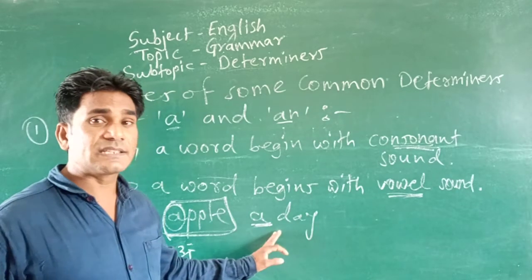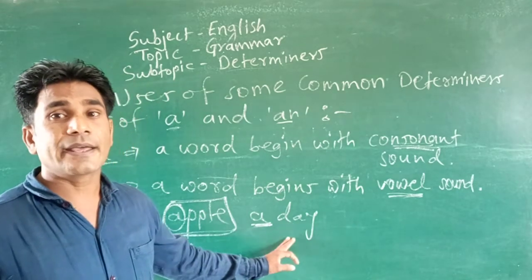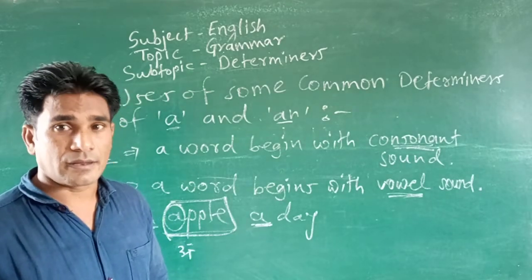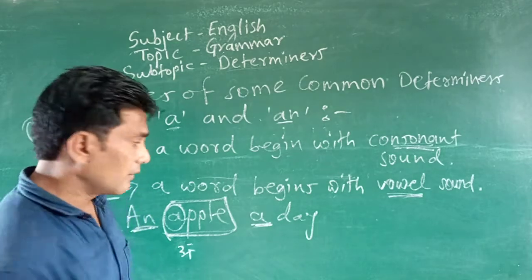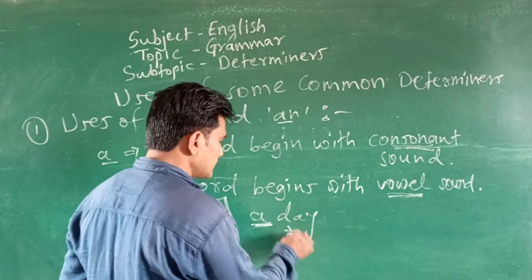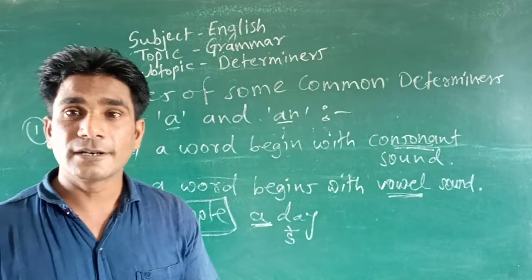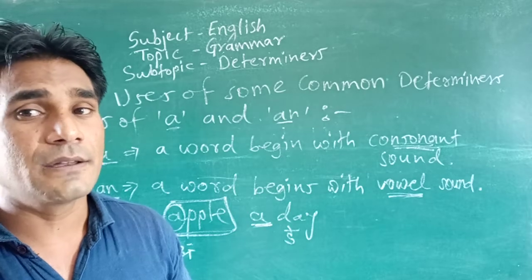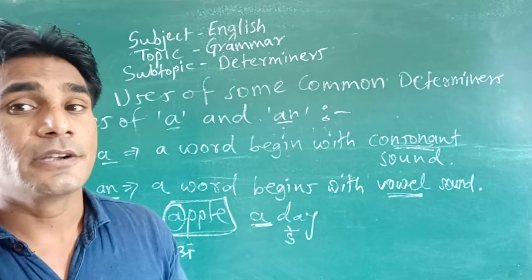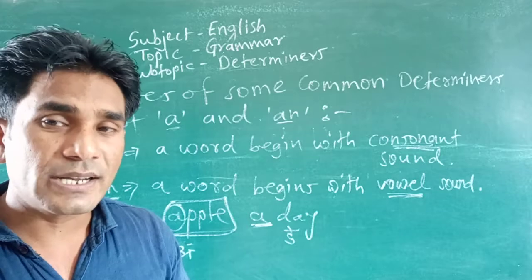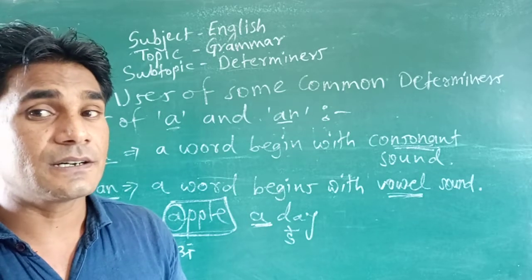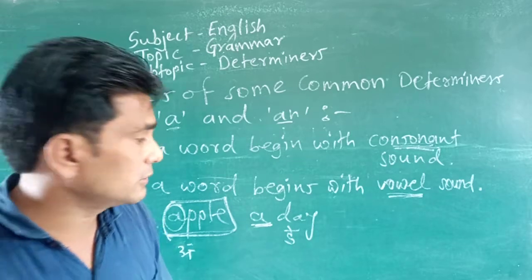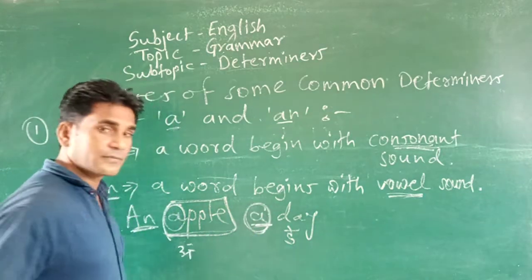Same, look at the next word given here, day. When we pronounce it, the first sound is d, and as we know, that is a consonant sound, and as it is a consonant sound, a is used there.